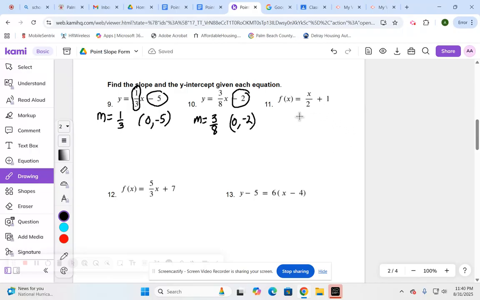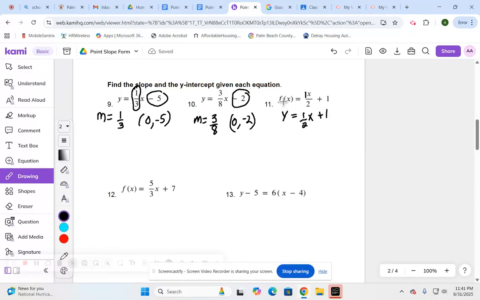Okay, number 11. By the way, this is called function notation. It's another way to write equations and functions. It means the same thing as if we wrote it this way. So we can replace f of x with y and it will mean the same thing. And we can put a 1 over here so we can see that this is 1/2 x plus 1.